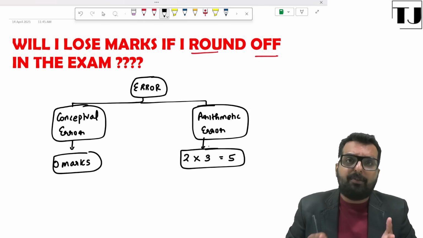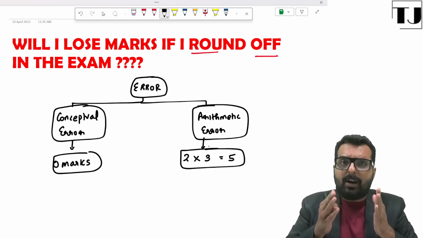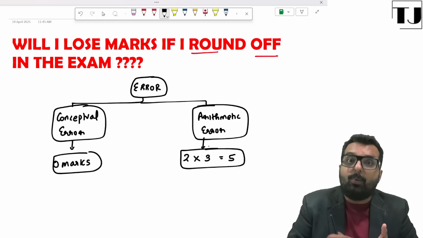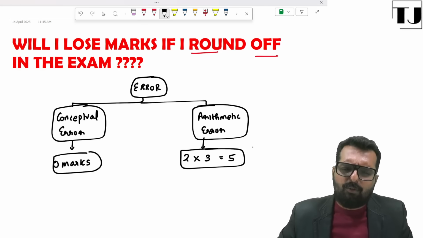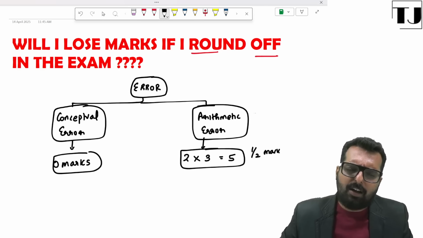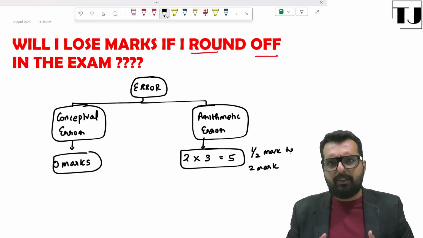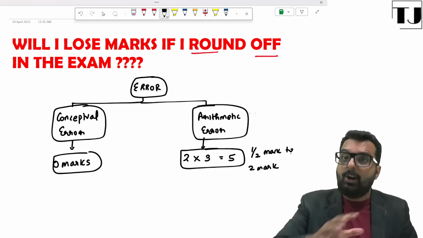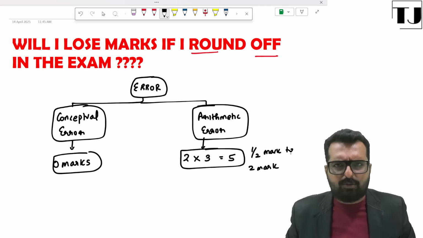So what happens when you have an arithmetic mistake is that the valuer will know that you are conceptually correct, but you were wrong in applying the concept, or there was a calculating error. For this, you lose half mark to max 2 marks depending upon the complexity of the question. So I hope you are clear with this one part. Conceptual error, you lose everything. Arithmetic error, you lose half mark to max 2 marks.